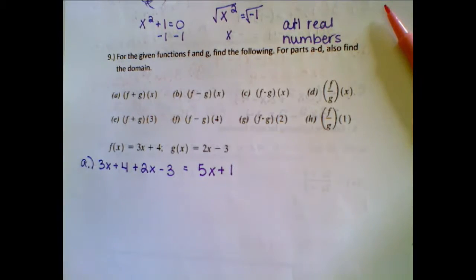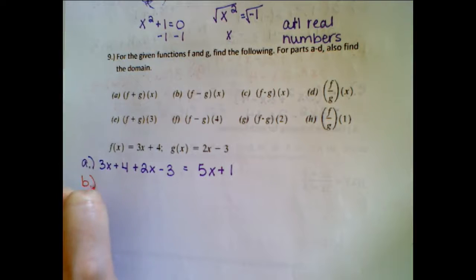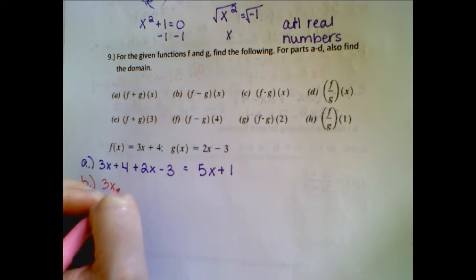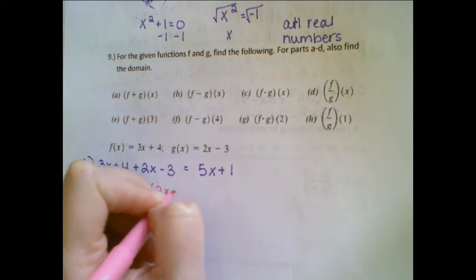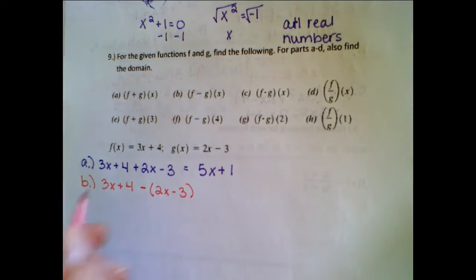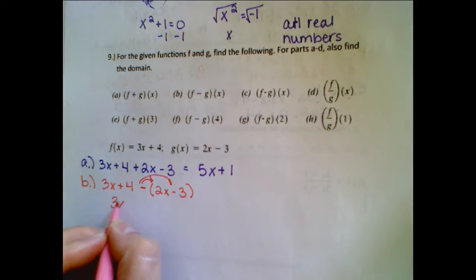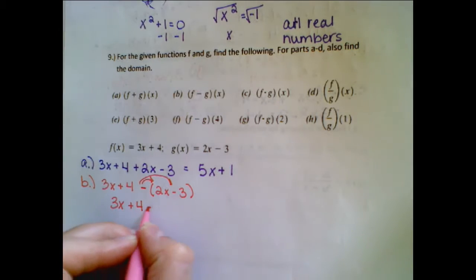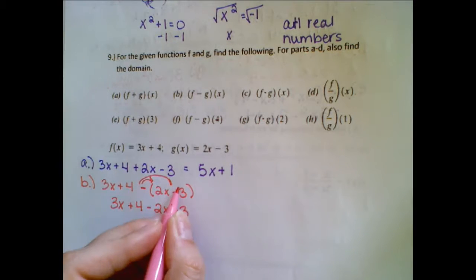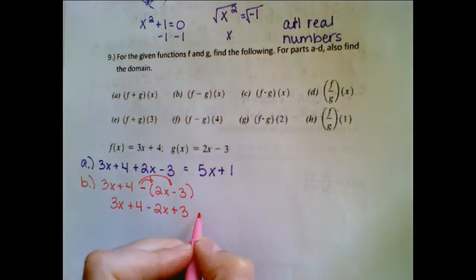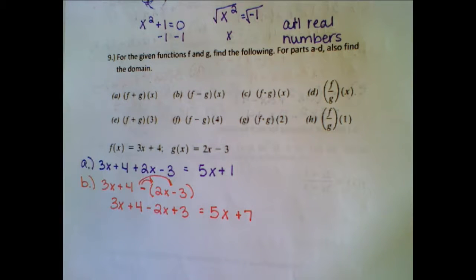Domain on that, all real numbers. B, subtracting them, we're going to have 3x plus 4 minus 2x minus 3. So we need to distribute that negative. This is going to be 3x plus 4 minus 2x plus 3, because this negative times a negative is going to be a positive. Combine like terms, I end up with 5x plus 7.